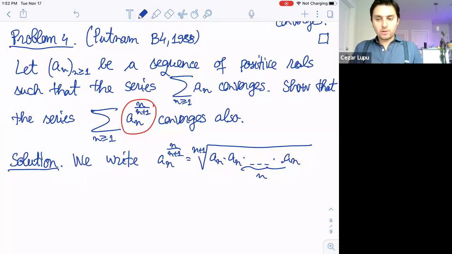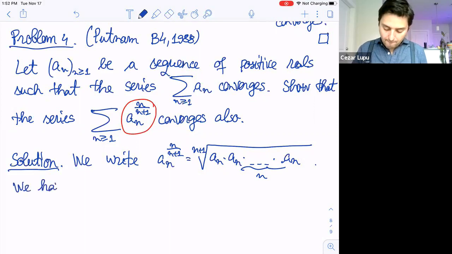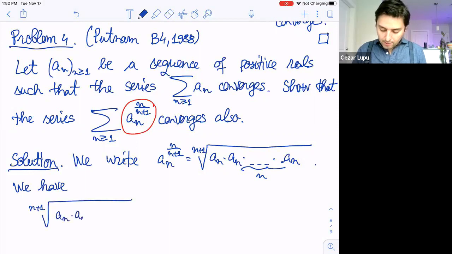I'm going to do the following trick. We have the n plus 1 root of a_n times a_n, n times.